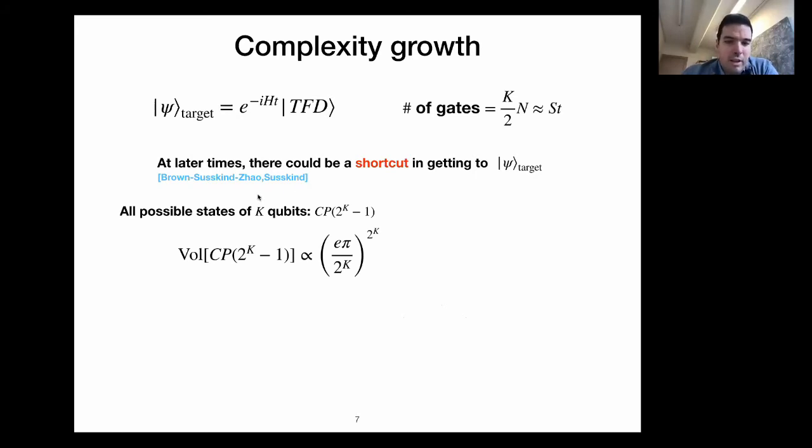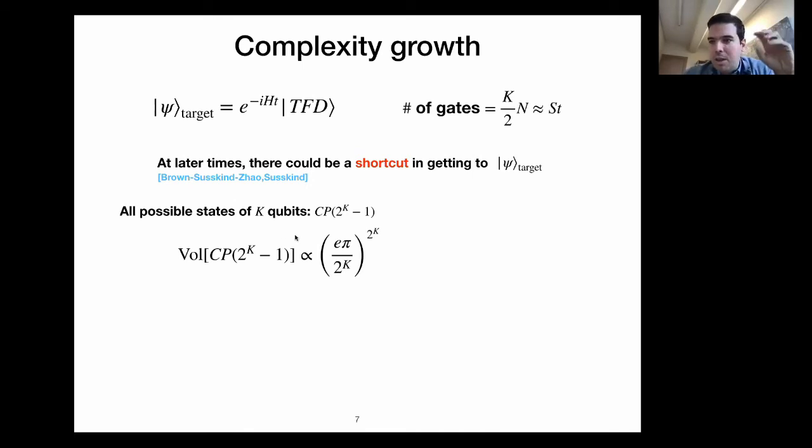The worst thing that can happen is that, again, we're looking at k qubits. And the question we want to ask now is how many states are there in total that this time evolution can visit. This is a continuous space, but you can imagine introducing some tolerance and say that two states are the same if they are close enough to each other.